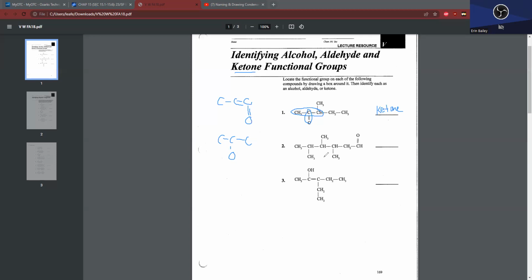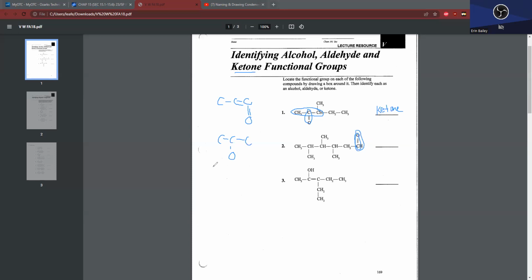This one, I just see a bunch of hydrocarbons, and then I get to this little functional group right here. And here you might be tempted to say this is an alcohol because it has carbon, oxygen, and hydrogen. But you have to realize that within this little group area is a carbonyl.